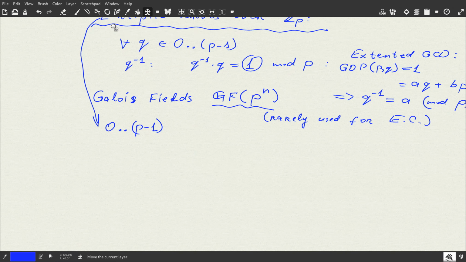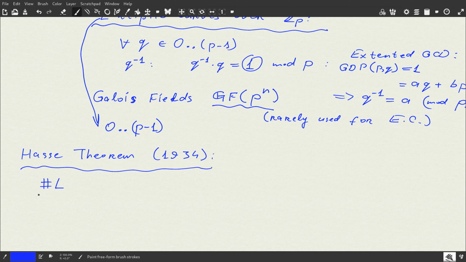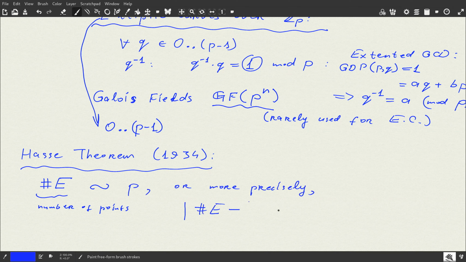And indeed, there is Hasse's theorem, actually by a German mathematician, proved a long time ago in 1934, that the number of points in E is roughly equal to p, or more precisely, the absolute value of the number of points minus p minus 1 is less than or equal to 2 times square root of p.